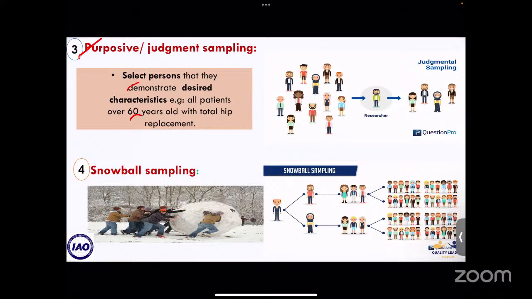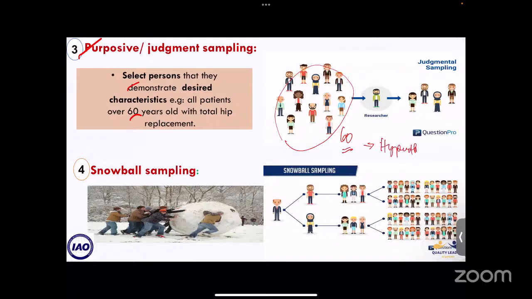So we have an example here. If your entire population consists of patients over 60 years old, and you specify that you want all patients over 60 years old with hyperthyroidism, for example, you've set a specific selection criterion.